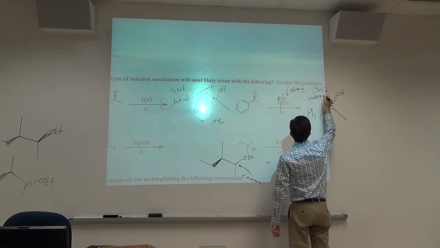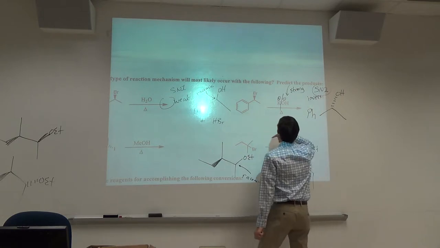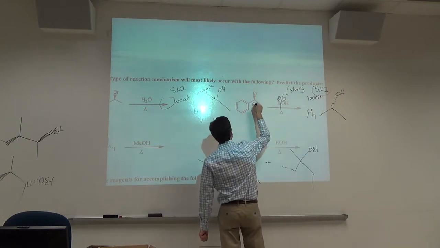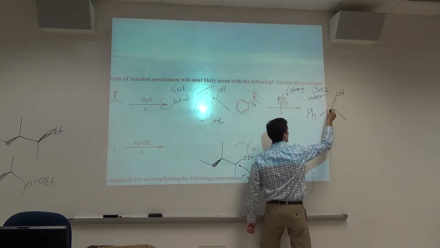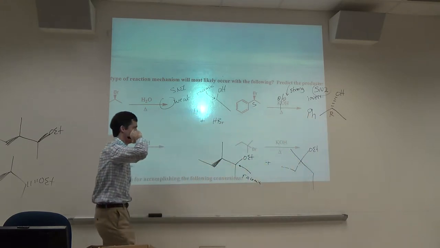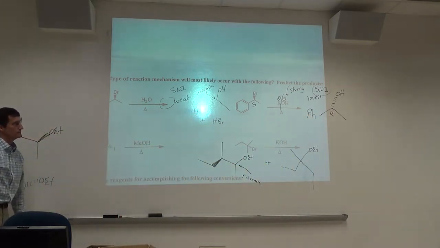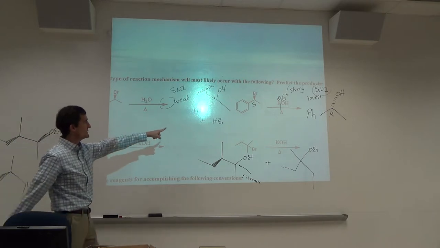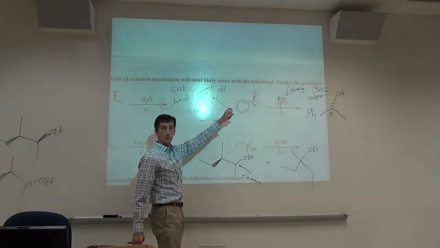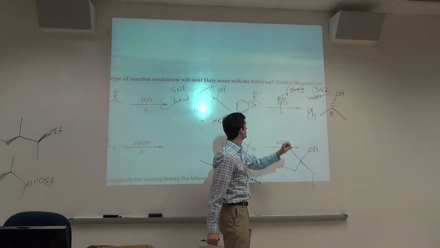Inversion. Backside attack. What is this? Is that S? And that's R. Difference in nucleophile gave you two different outcomes. Do you want a racemic product or do you want an inverted product?